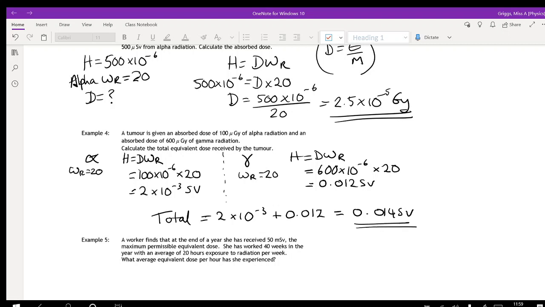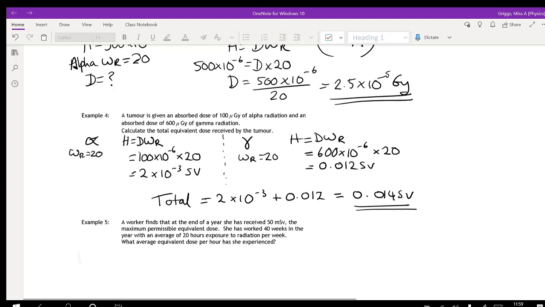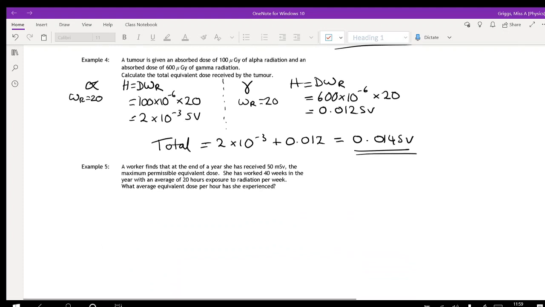It's really important you practice with the calculator now rather than coming to do it in a test and going, I can't remember how to use my calculator. And if you've done that and you checked with your calculator, read through example 5.